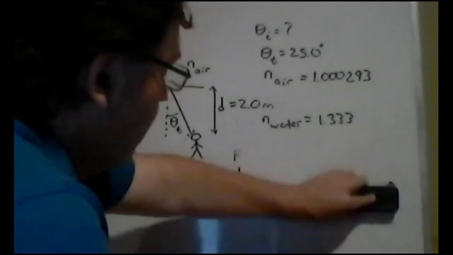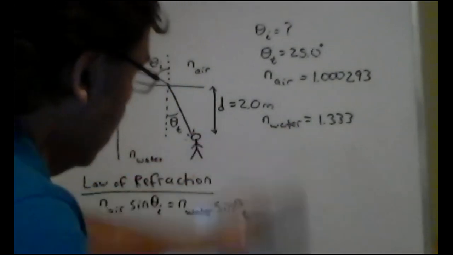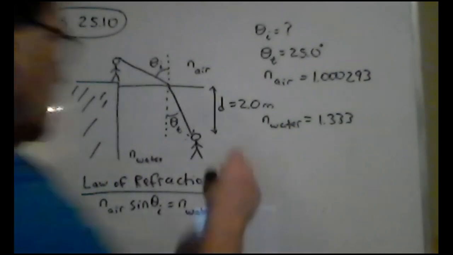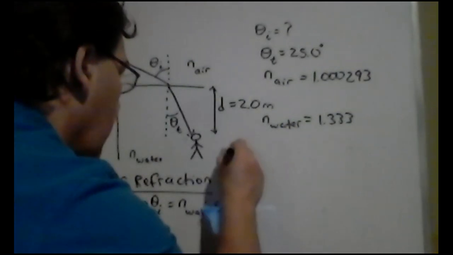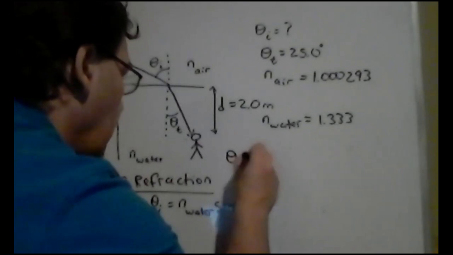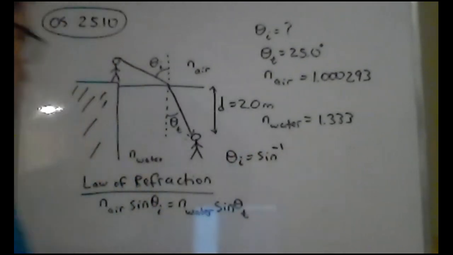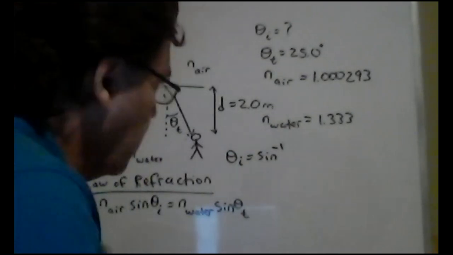All right, now you can solve this. I want to solve for theta sub I. So I'm going to divide both sides by n air and take the inverse sine. Two steps of algebra 1. Let's do this one step at a time.